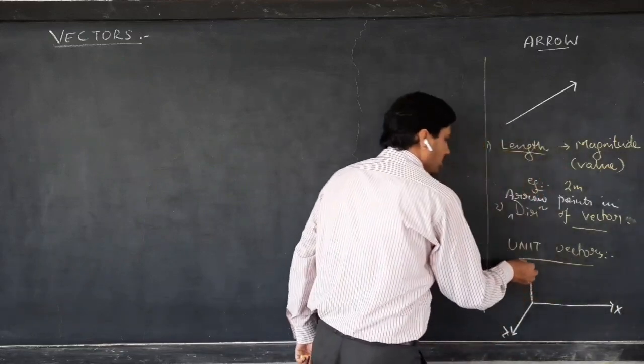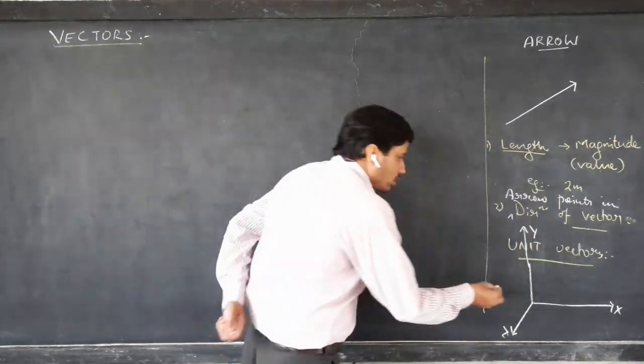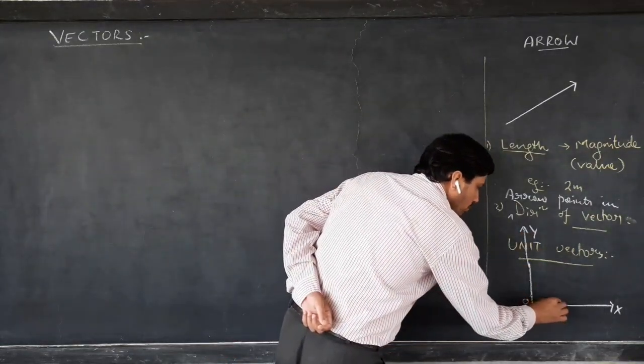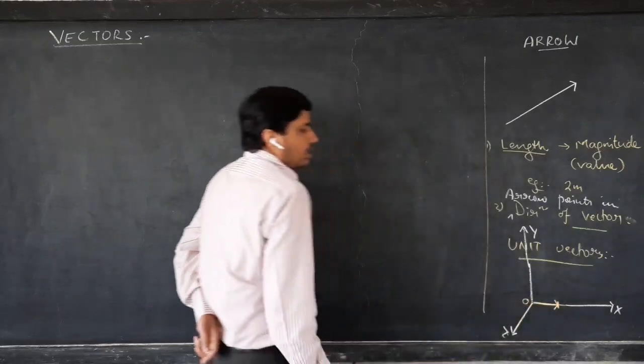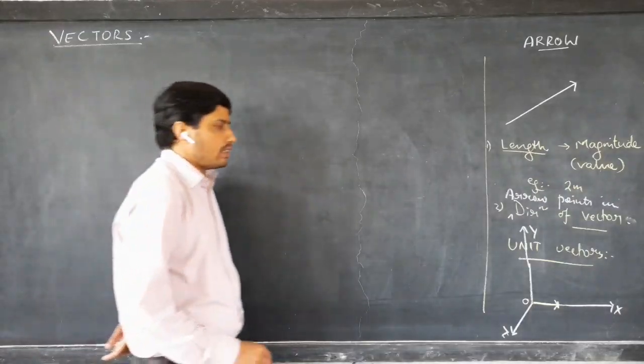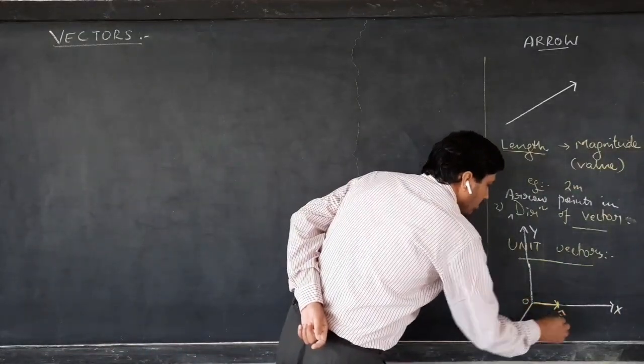So this is x axis, this is y axis, this is z axis. Suppose this is the origin. If you move unit length over here along x axis, that is also a vector, and that vector we denote by i hat or i cap.